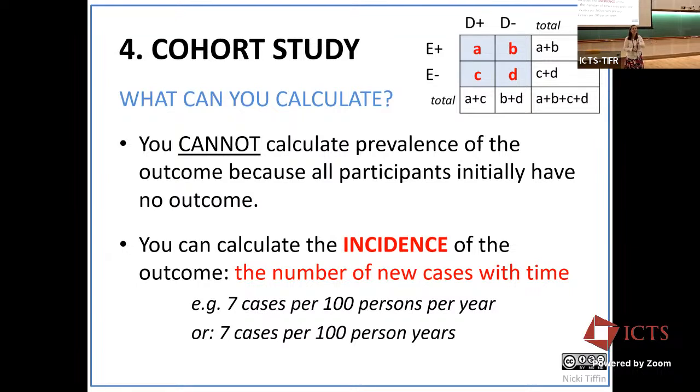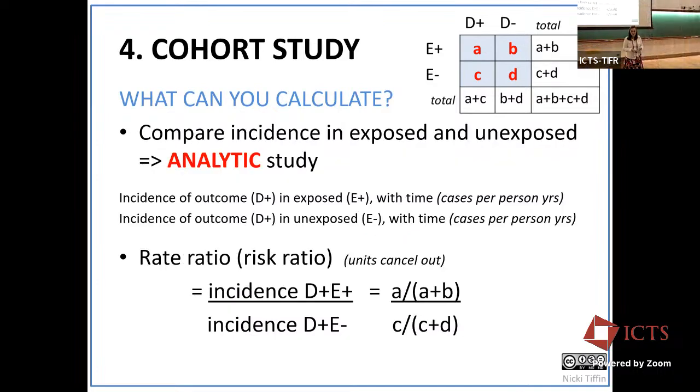Otherwise, you can't see when the TB happens, right? So you can't then use that cohort to estimate the prevalence of TB in the general population because you've subselected a group without TB.